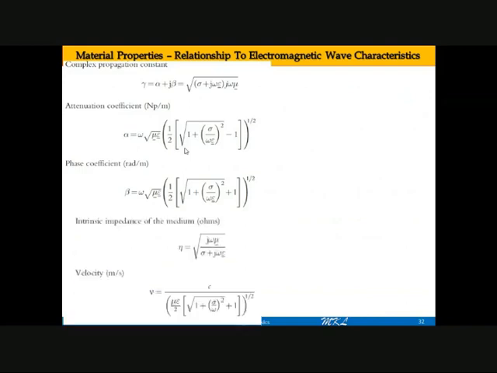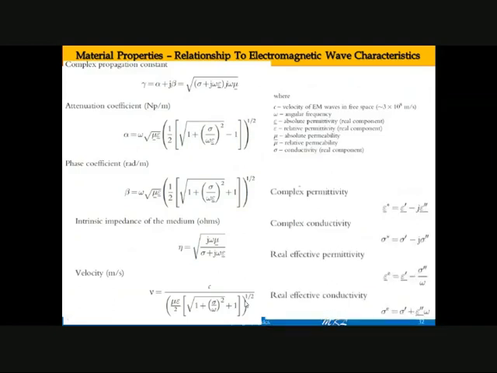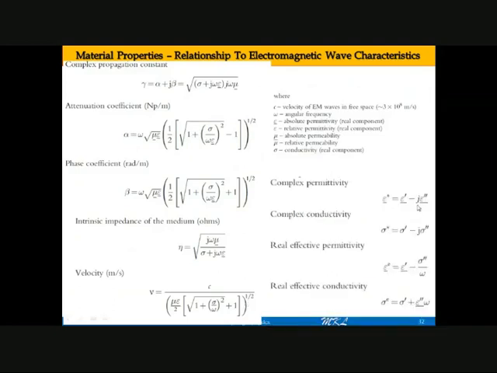So following that idea, the velocity can be modified like this, and the complex permittivity can be written like this. This is how the complex permittivity or effective conductivity is written.